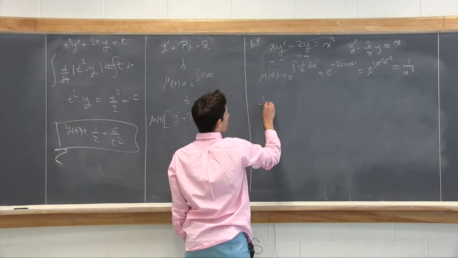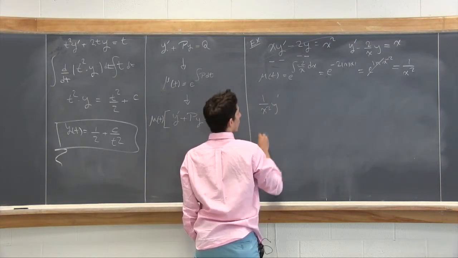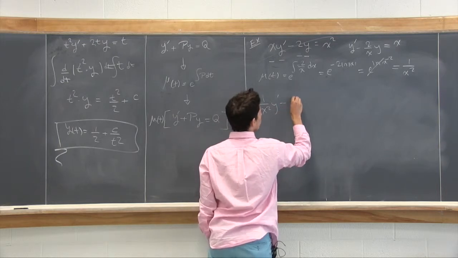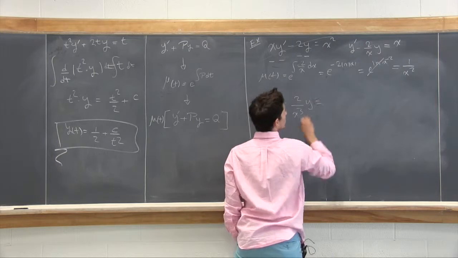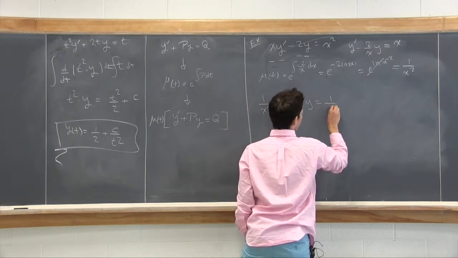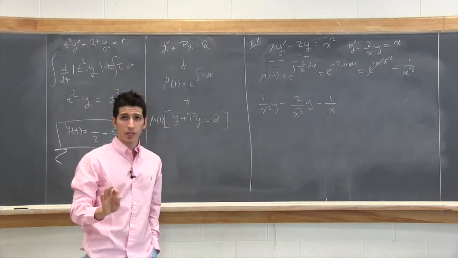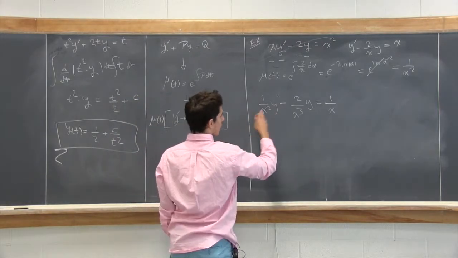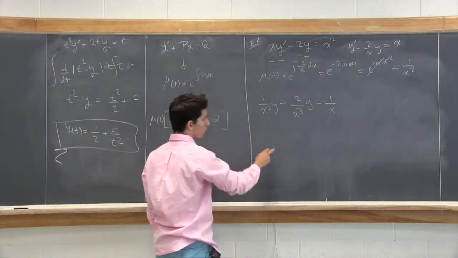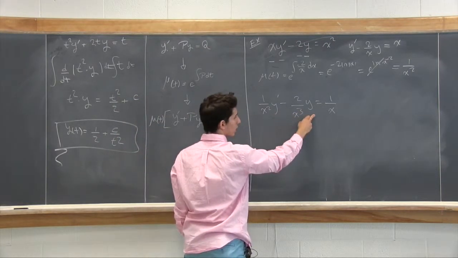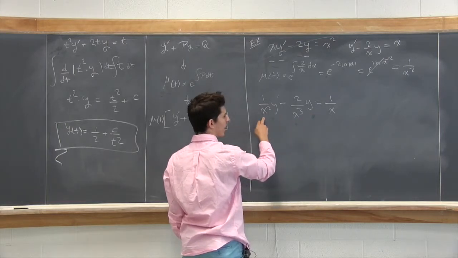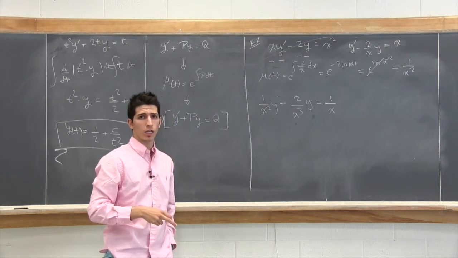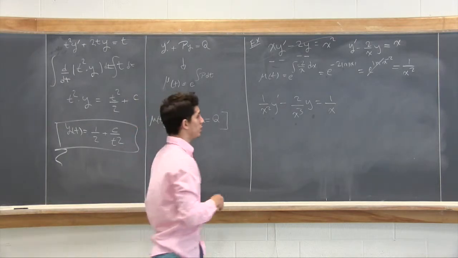So we got 1 over x squared times y prime minus 2 over x to the third times y is equal to 1 over x. Just to check, to make sure this is actually the direct result of a product rule, y prime is the derivative of y, and minus 2 over x to the third is the derivative of 1 over x squared. You can work it out and see.